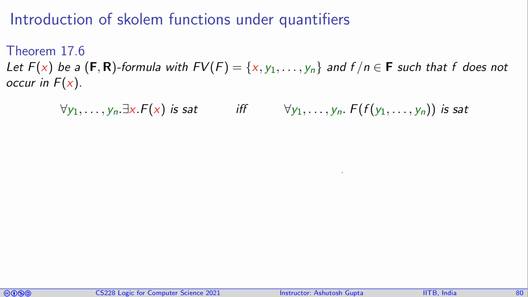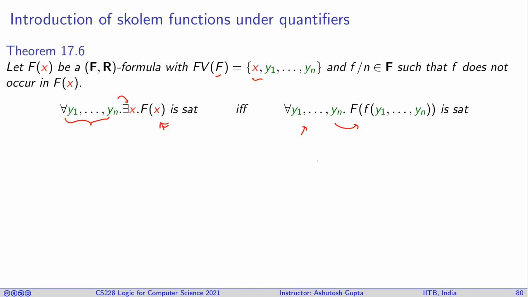Now we can use this theorem further to actually show that these two formulas are equisatisfiable. Again, we have a formula F which has n plus 1 free variables, and you have exists x, and n of them are quantified. Your claim is that this holds if and only if the other formula is satisfiable.